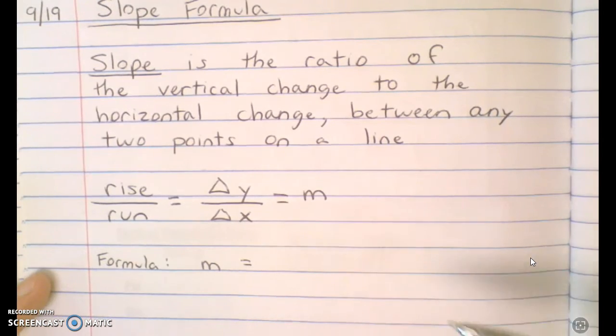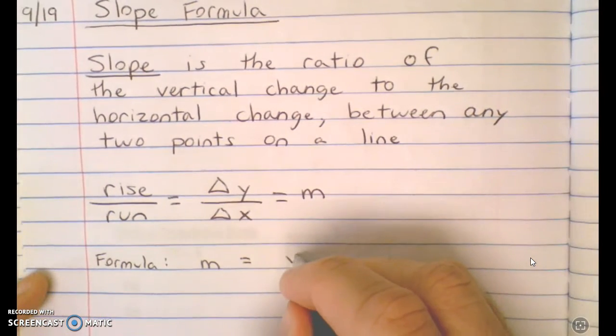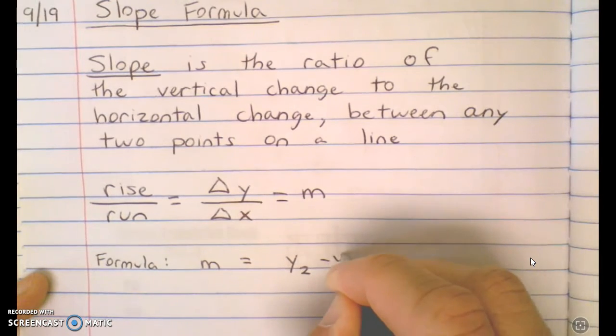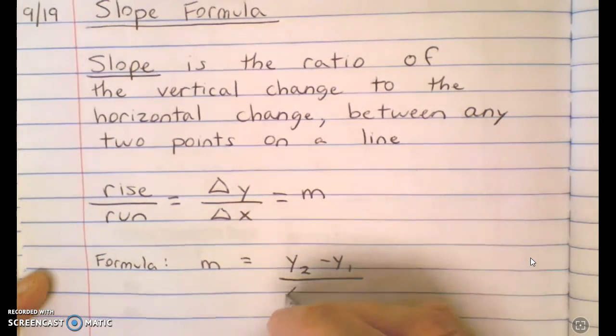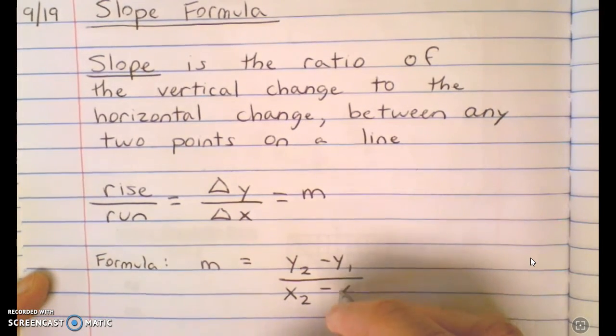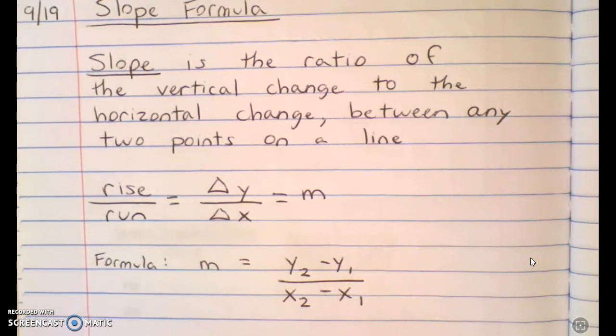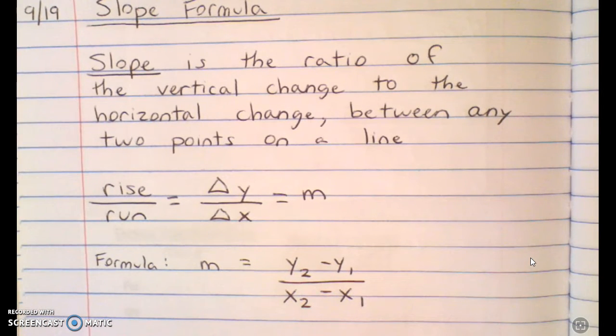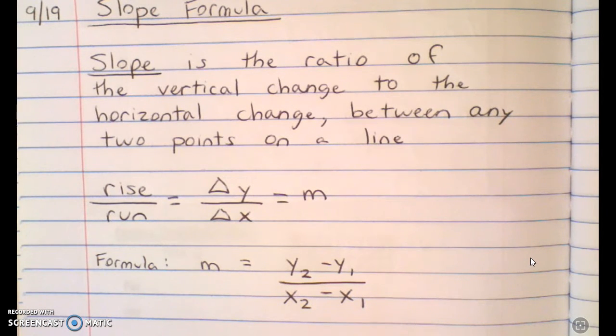It's the change in y, so you take the y values, y sub 2 minus y sub 1, over the change in the x values, x sub 2 minus x sub 1. Remember, coordinates are listed as x comma y, so x1, y1 is the first coordinate you're looking at, and x2, y2 is the second coordinate you're looking at.